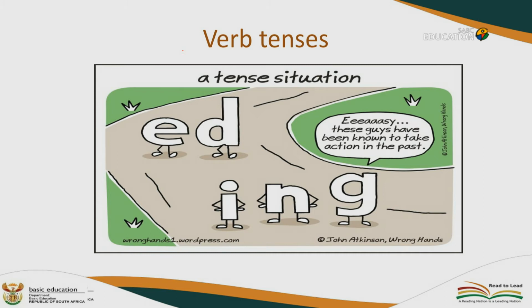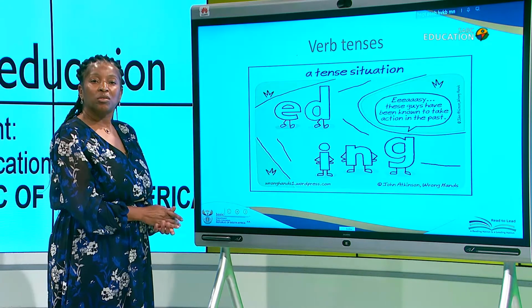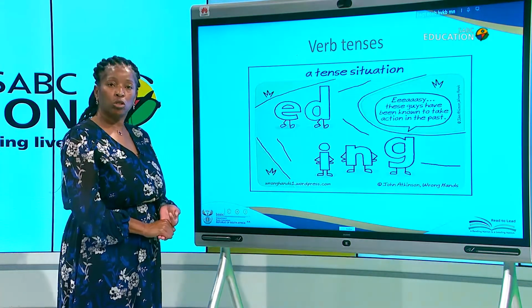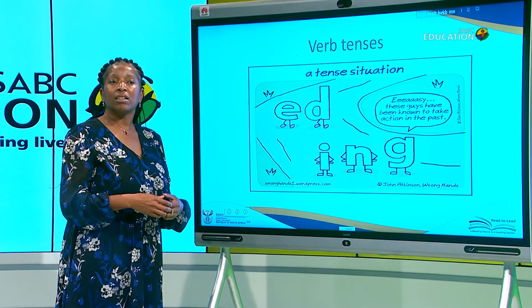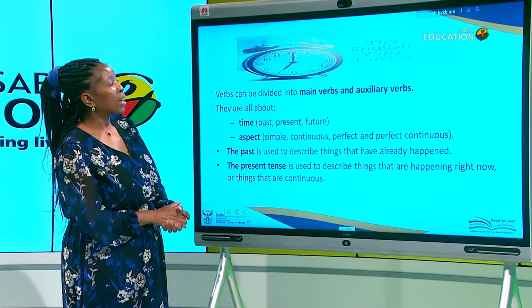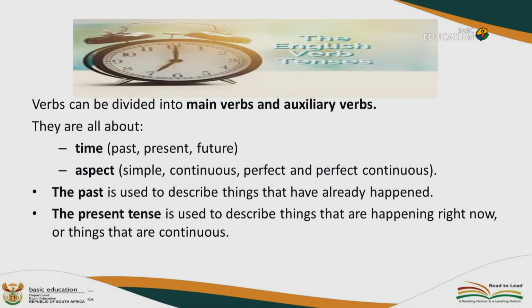Let us look at verb tenses. There are three types of tenses: the past, the present, and the future. Now please note that tenses come as main verbs or as auxiliary verbs. So when we are talking about time, this is a tense.